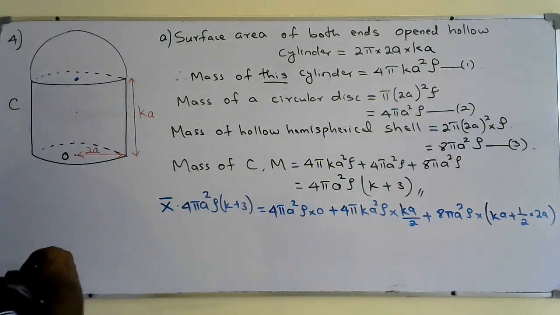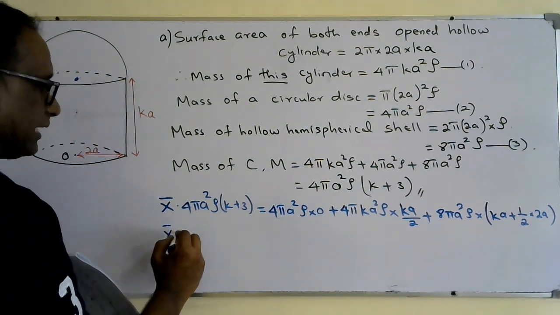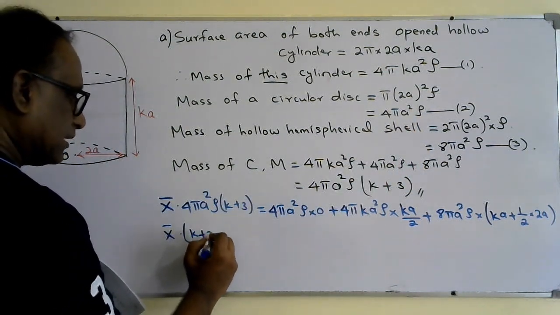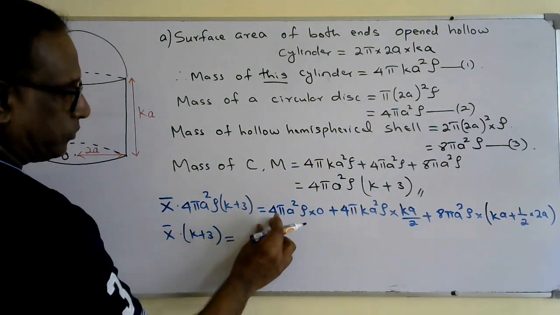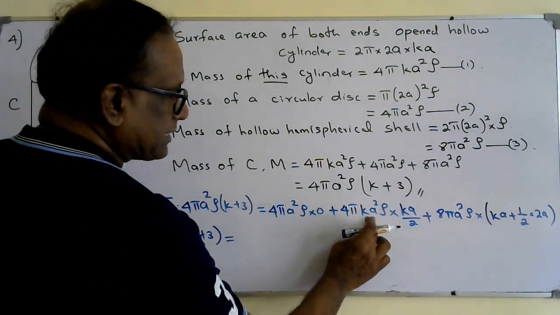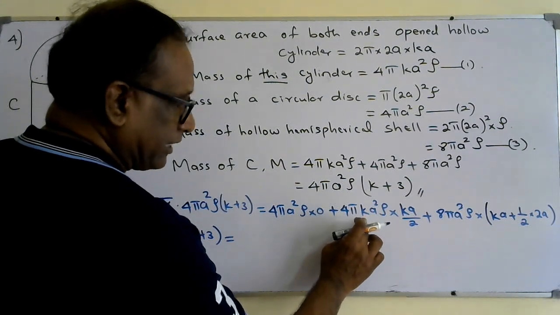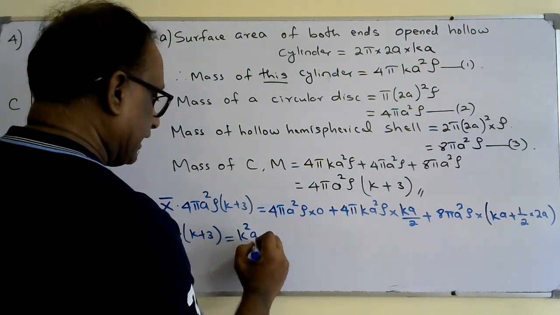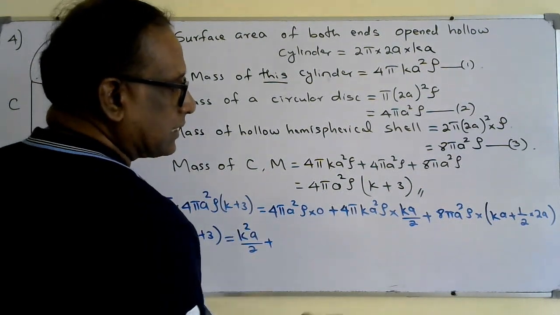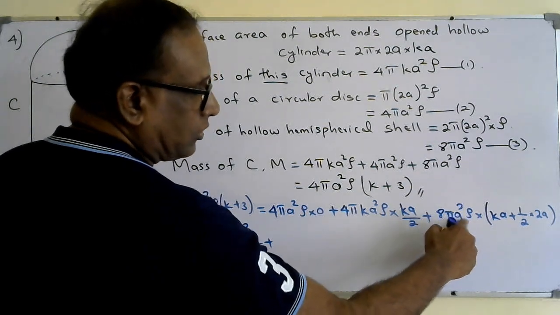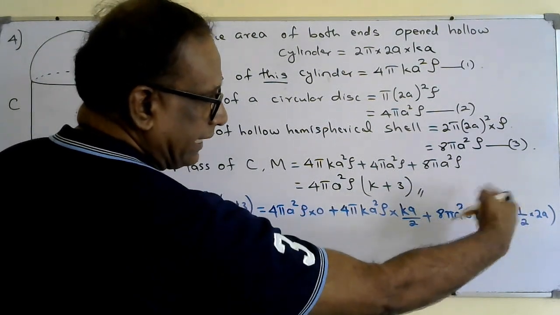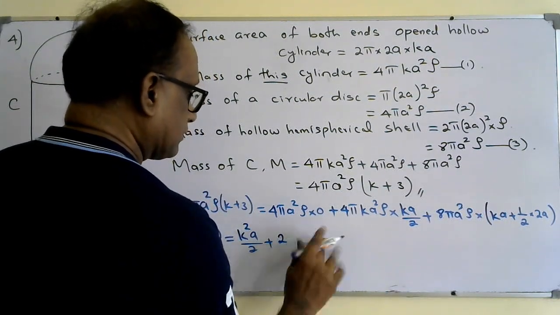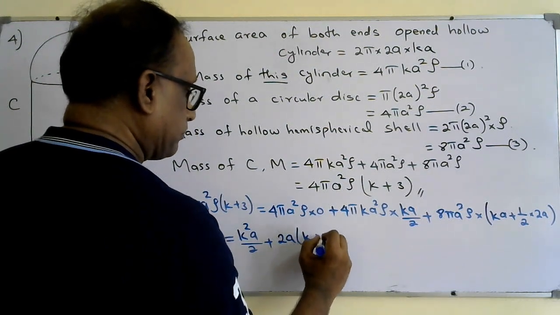So x bar into k plus 3 is equal to 4 pi a squared rho, 0 we don't need to find, k into k squared a by 2 plus 2a in bracket k plus 1. I think I'm right.